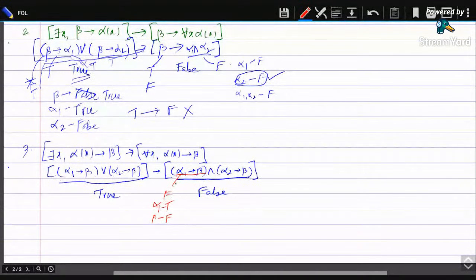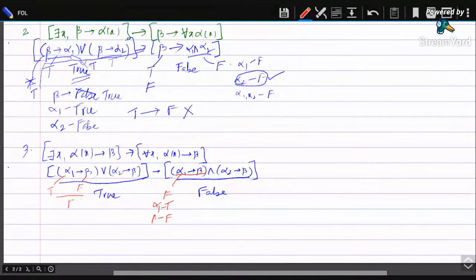So this has become false. For which we have assumed alpha 1 to be true and beta to be false. Let me apply that here. Alpha 1 is true, and beta is false. So true implies false is what?